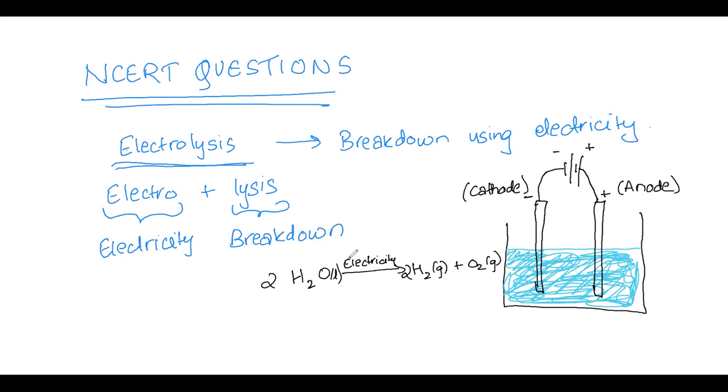Now what happens, on the cathode the hydrogen gas deposits at the cathode during this process, and the oxygen gas gets deposited at the anode. For you, understanding this much will be okay, and this is the basic reaction of electrolysis of water. I hope it's clear to you, Bhavika.